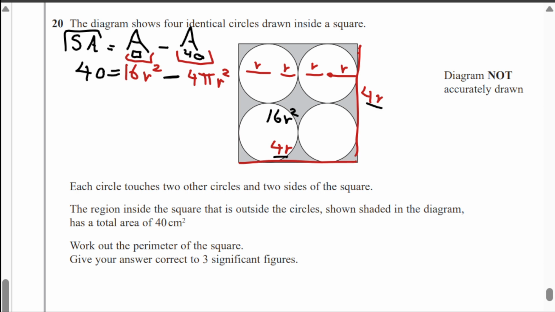Now, let's just play with these numbers. Have you noticed there is r squared here and there is r squared here? So we'll take this out as a common factor. So 40 is equal to, let's take r squared out.